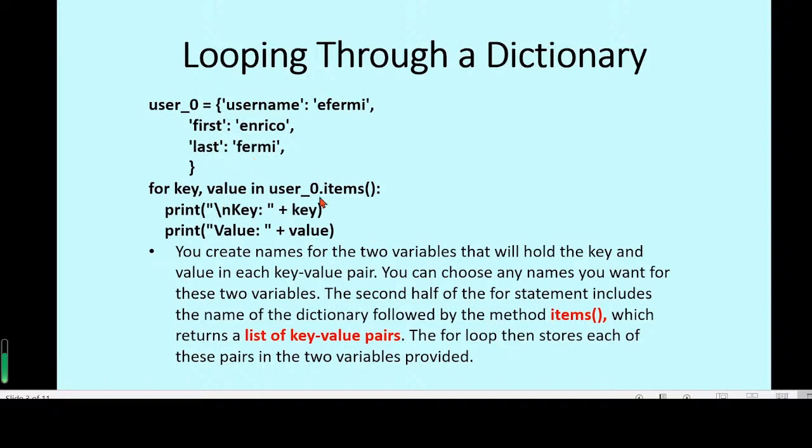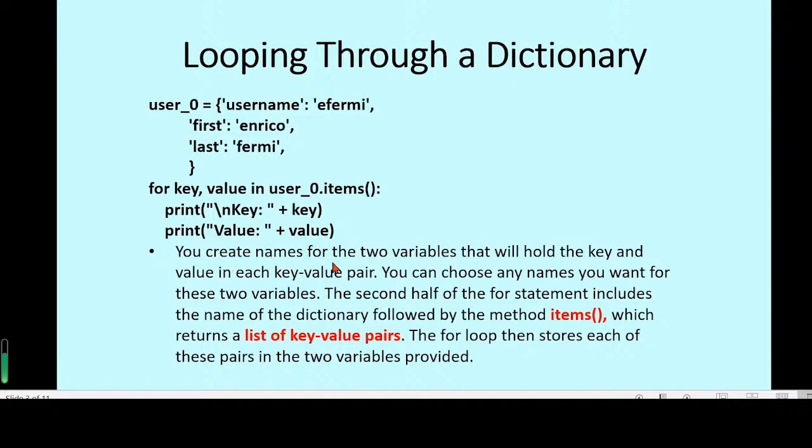Then we can write a for loop: for key, value in user.items. This items method will return the key value pairs. Then for each key value pair, we will print the key and its value.